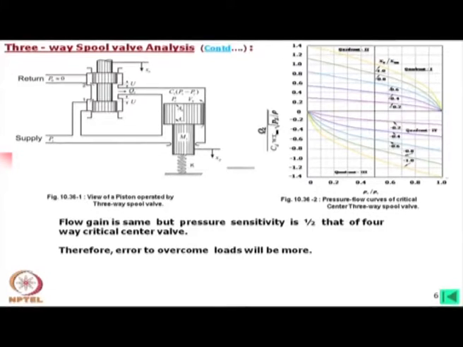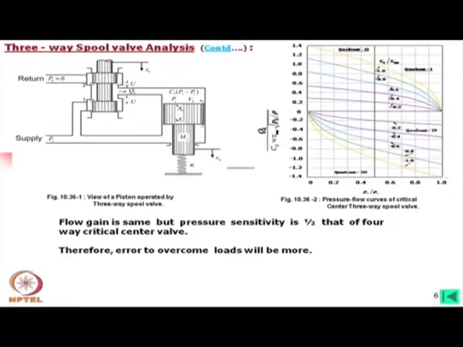This means that although the three-way valve is simpler in construction and it is very good to select such a valve in case of reversal operations, mostly for the linear actuator, the error will be more.